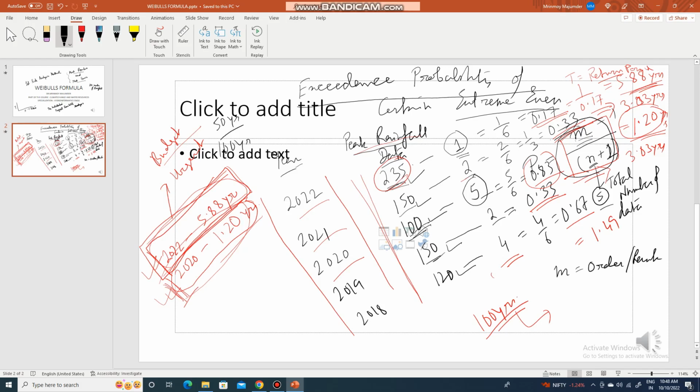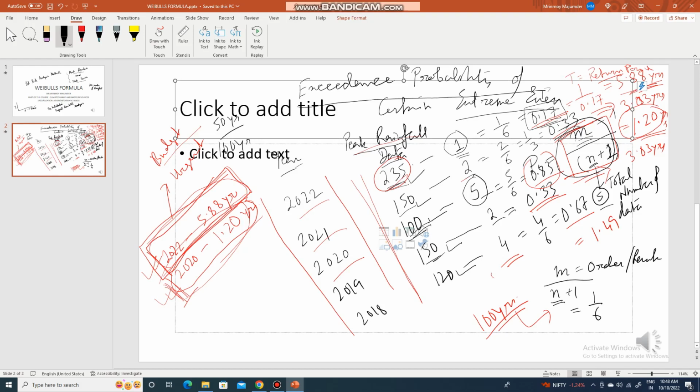So your M will be 1, divided by n plus 1. N is the total number of events given to you. Here, in this case, it is 5. So this will be ultimately 1 by 6, and the result is 0.1666. As we round it up, it is 0.17.